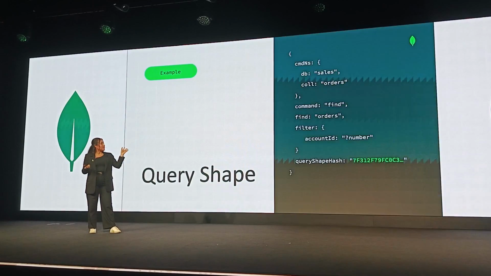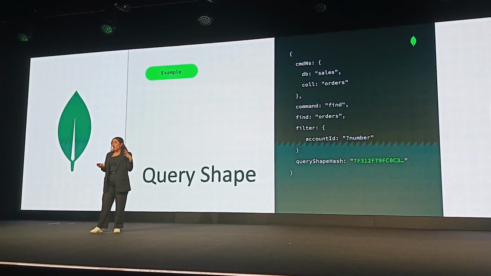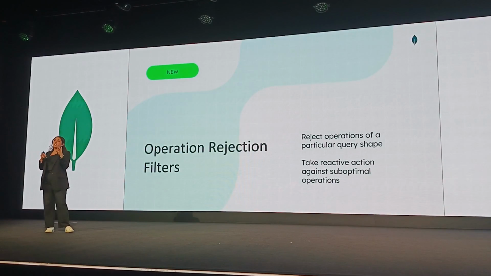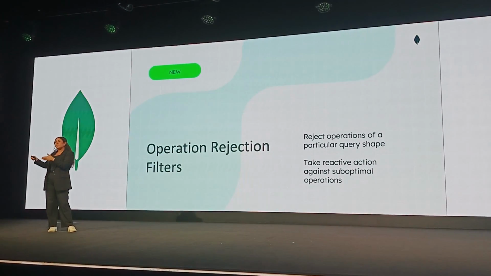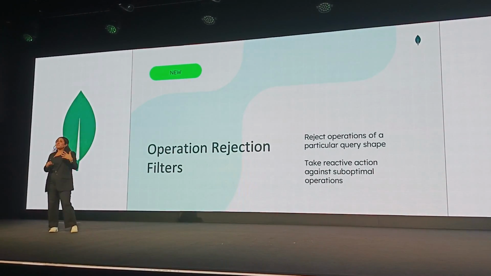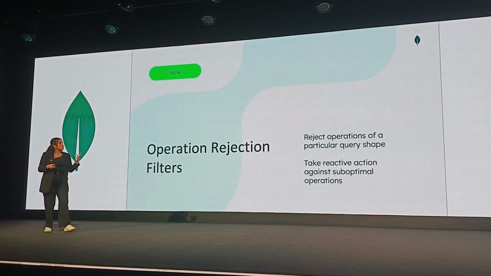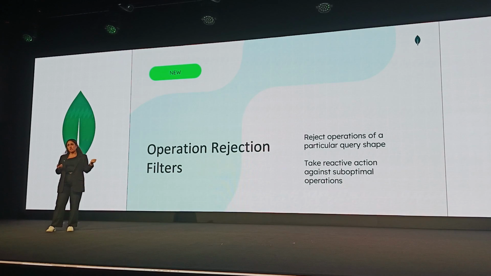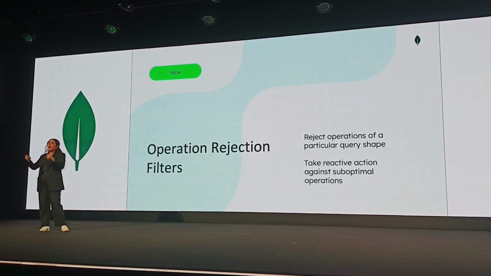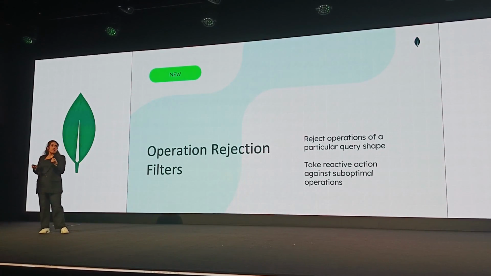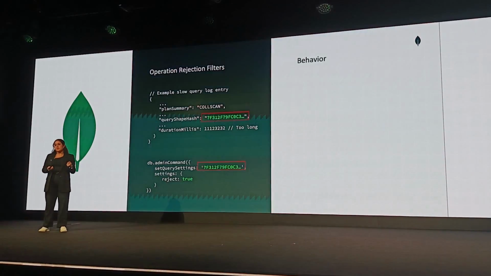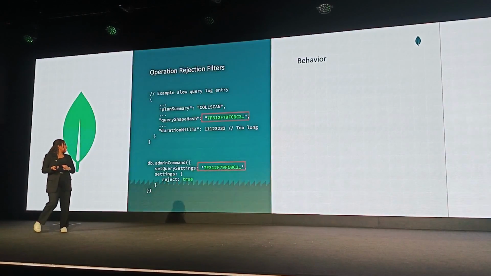So now, by defining this query shape hash, what you can do is take this query shape hash and reject the operation while waiting for the application team to optimize that operation. So basically, whenever you get a new query that has the same query shape hash, it's gonna get rejected. And once the application team have solved the issue, then you can reset the rejection to false.